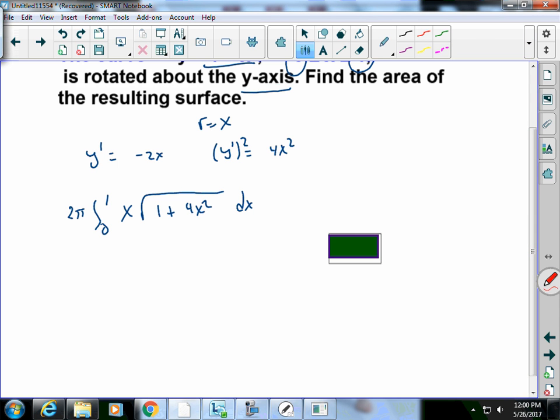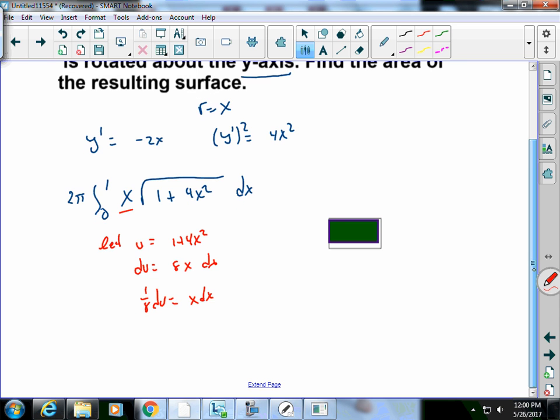U substitution saves us a lot of time, so I'm going to say let u equal 1 plus 4x squared. If that's the case, then du is equal to 8x dx. I have an x, but I don't have an 8, so 1/8 du is equal to x dx. So now I have a 2 pi, I need a 1/8.